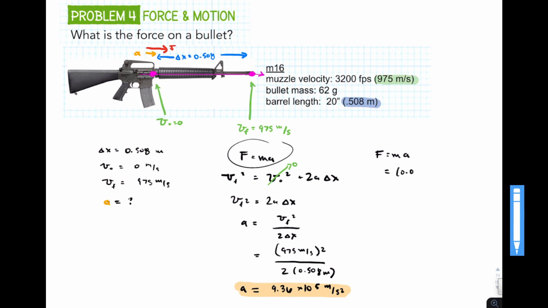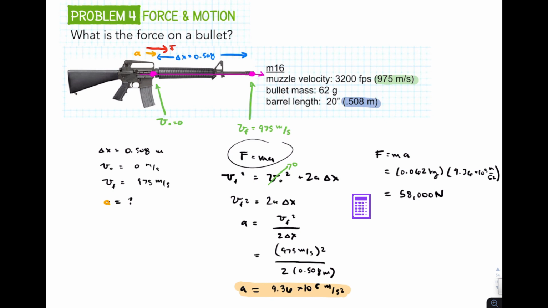So 0.062 kilograms, because there are 1,000 grams in a kilogram, so you just have to divide by 1,000. And then the acceleration we found, 9.36 times 10 to the 5th meters per second squared. And we plug those in, and that gives us something big. 58,000 newtons, which is why you don't want to be hit by a bullet, because that's a lot of newtons.